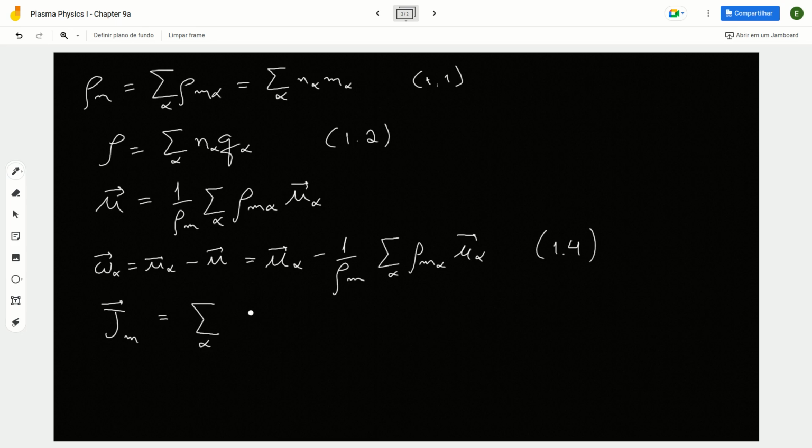We have a sum over alpha particles of the number of particles times the mass of each particle times the average velocity of that particle. So if you use this definition for the rho, you have just this, right? And for the sum of u is like this.